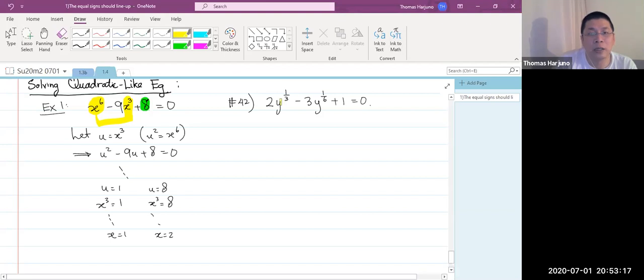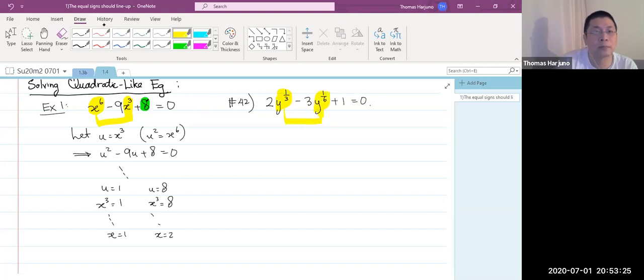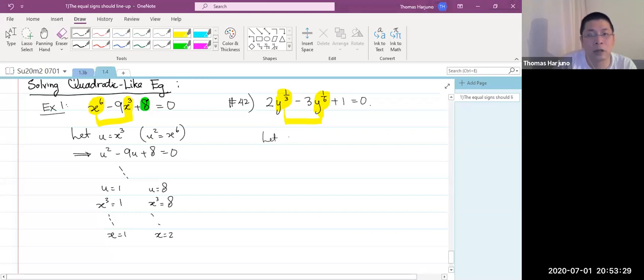Notice that this guy here, y to the 1/3, is actually the square of y to the 1/6. Okay. So let u equals y to the 1/6. Then when you square that y to the 1/6, you get y to the 2/6, which is y to the 1/3. Right? Do you see that?